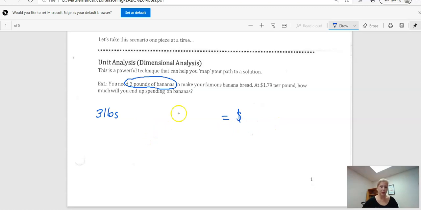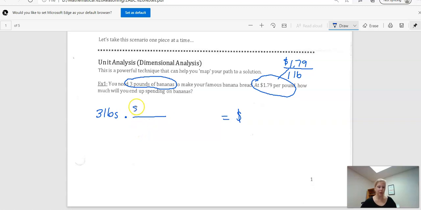So the other thing that we know is that they're $1.79 per pound. We kind of talked about this in lab, but we can write this as a division. $1.79 per pound means the same thing as division, per 1 pound if there's no number there. And we talked about how we could use that to get something to cancel out.